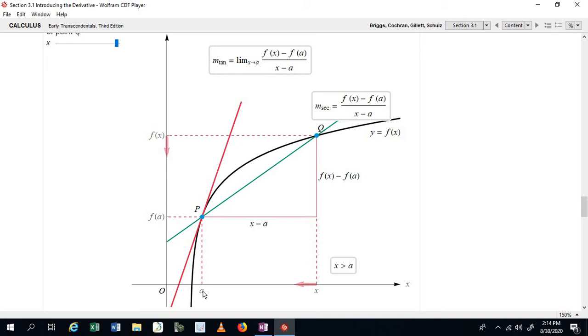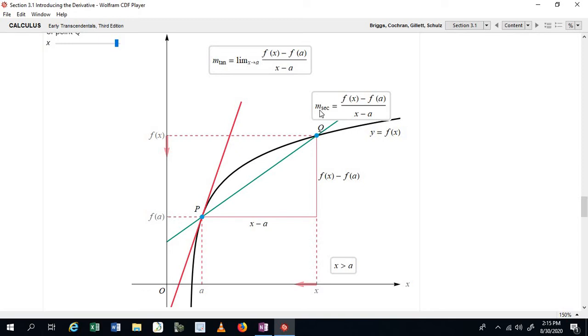So the rise in this function, as you go from A to X, would be the change in the y value, so the difference between this y value, which is at f of x, and this y value, which is at f of a. Okay, so the rise is simply f of x minus f of a, whereas the run is simply x minus a. And so if you divide those, rise over run, you get the slope of this secant line.